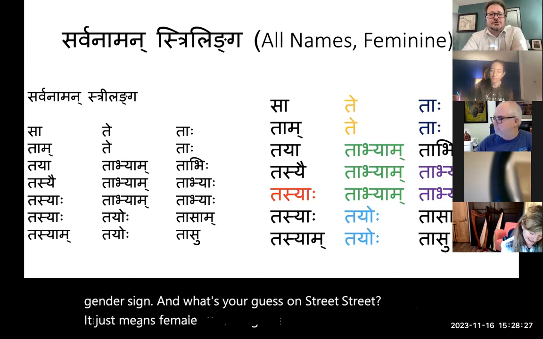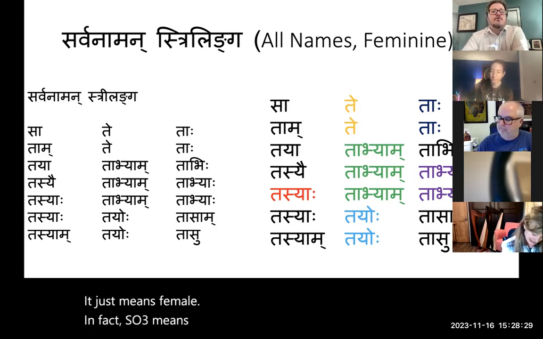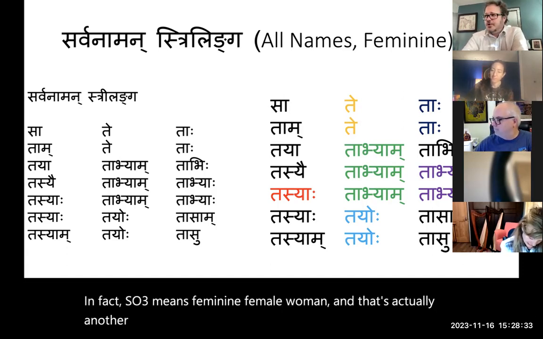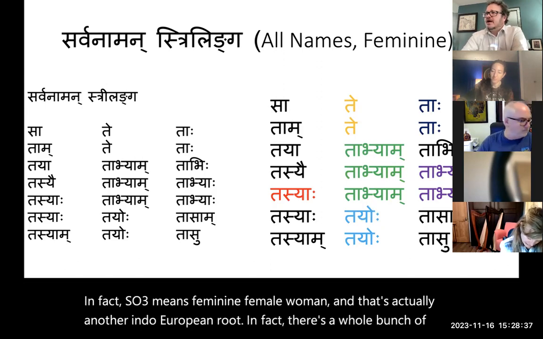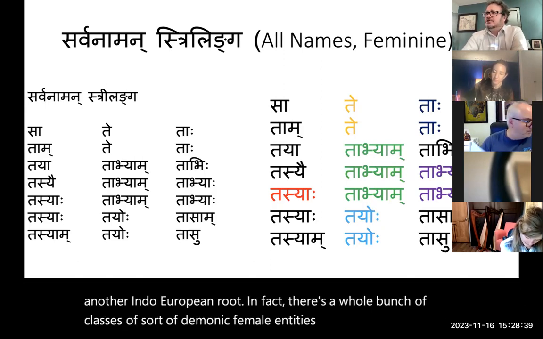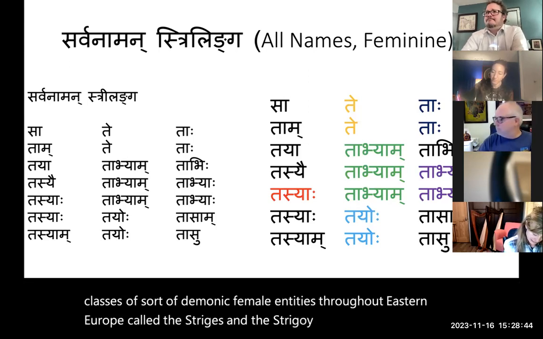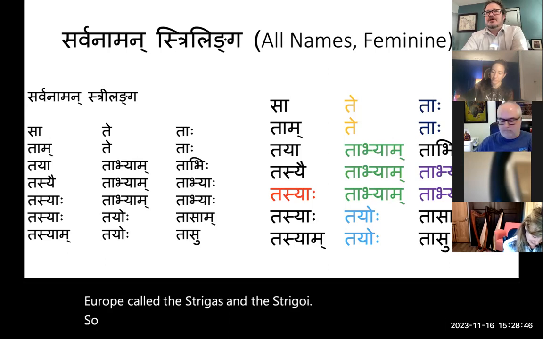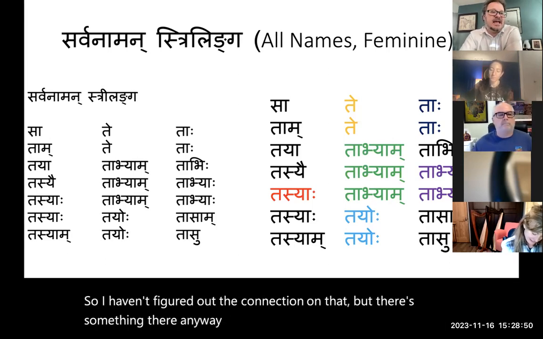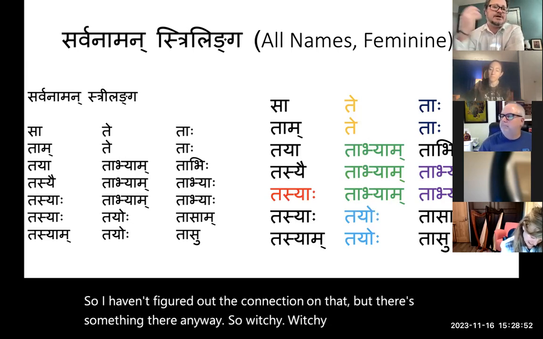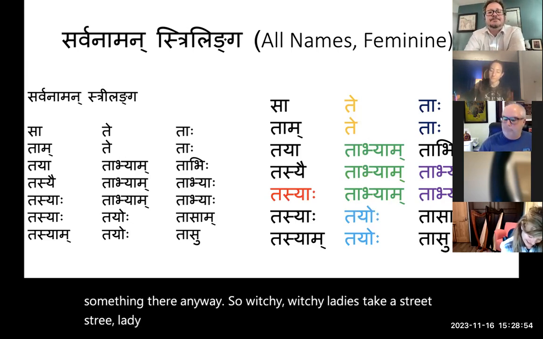In fact, stri means feminine, female, woman. And that's actually another Indo-European root. In fact, there's a whole bunch of classes of demonic female entities throughout Eastern Europe called the striges and the strigoi. I haven't figured out the connection on that, but there's something there. Anyway, witchy ladies take stri. Stri, lady, witchy lady, stri.